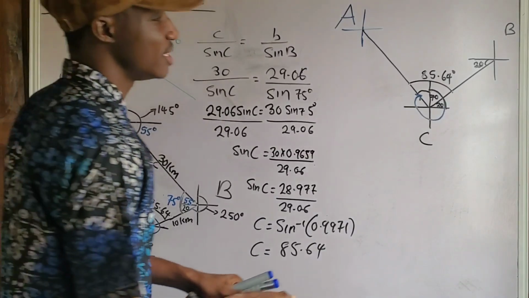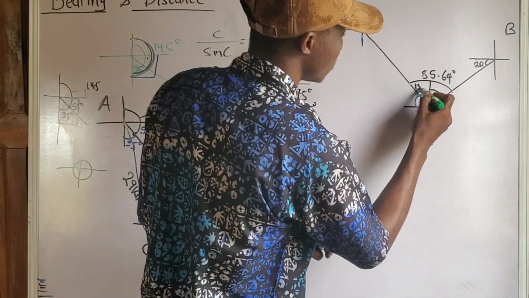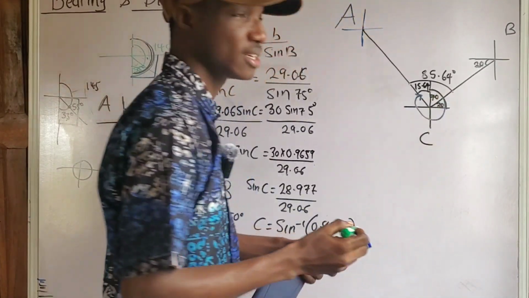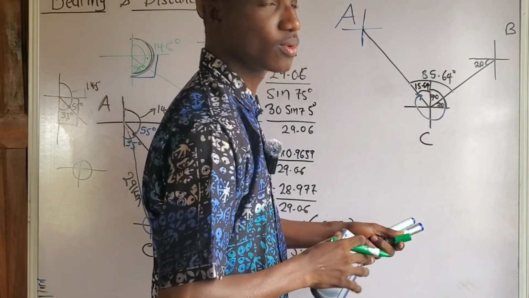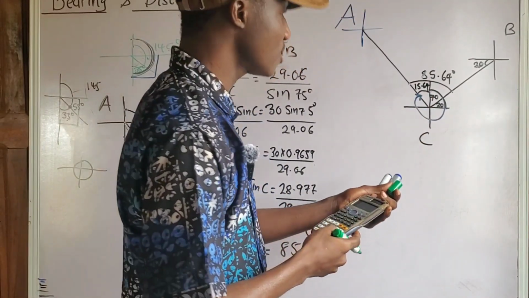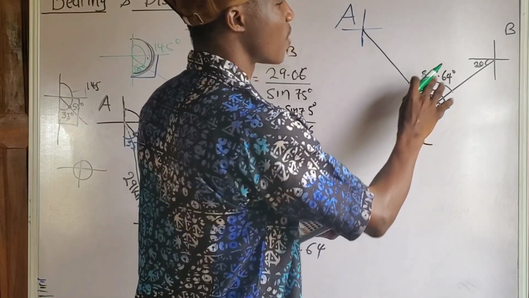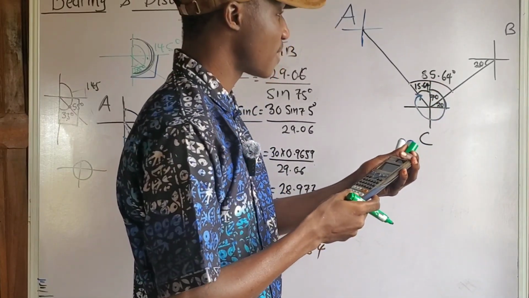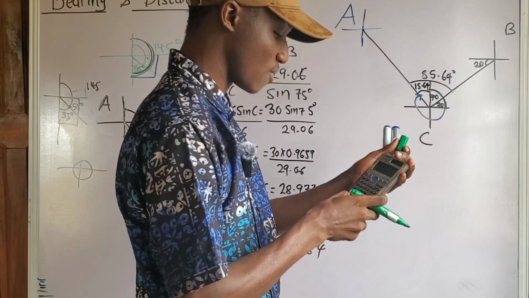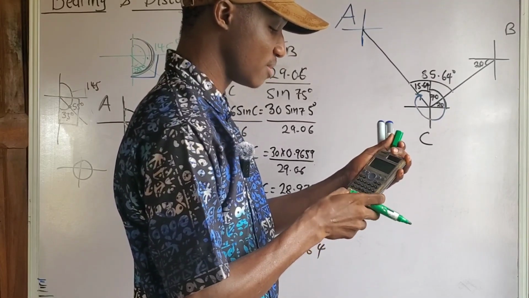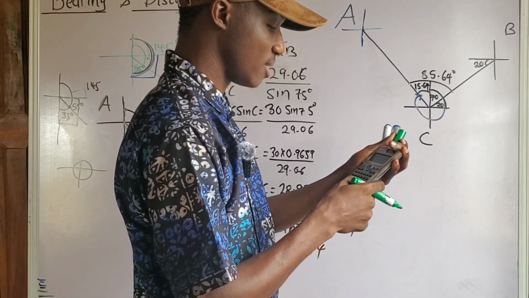Now the angle that is here will be 15.64. So if this is 15.64, what will be this angle? It's simple. Just subtract 15.64 from 85.64, and that will be 70.